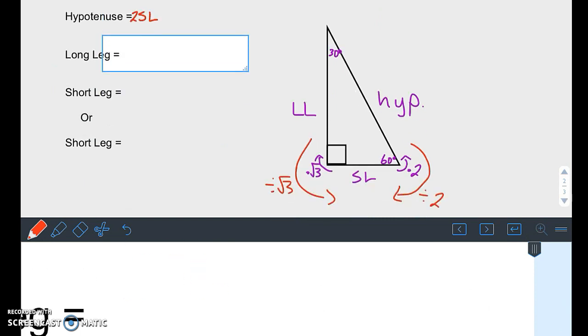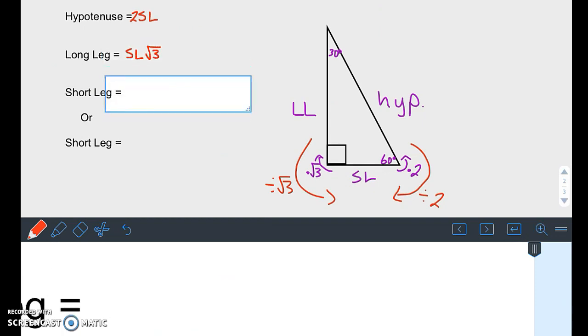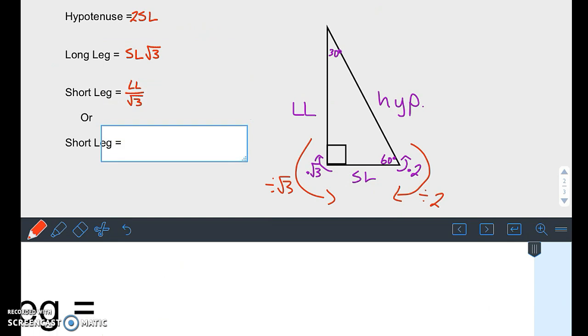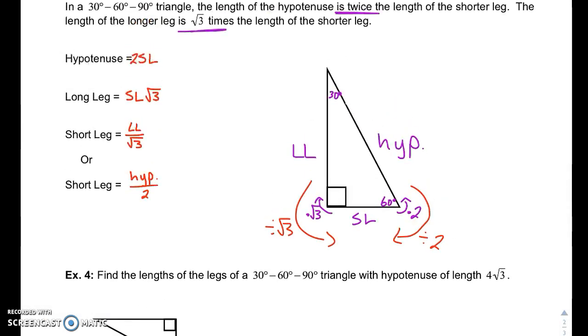Your long leg is short leg times radical 3. The short leg has two equations. It's either the long leg divided by radical 3, or it's the hypotenuse divided by 2. So 30, 60, 90 triangles are a lot more intensive.